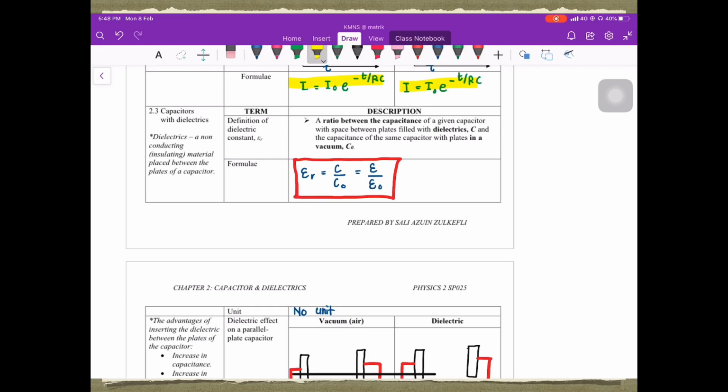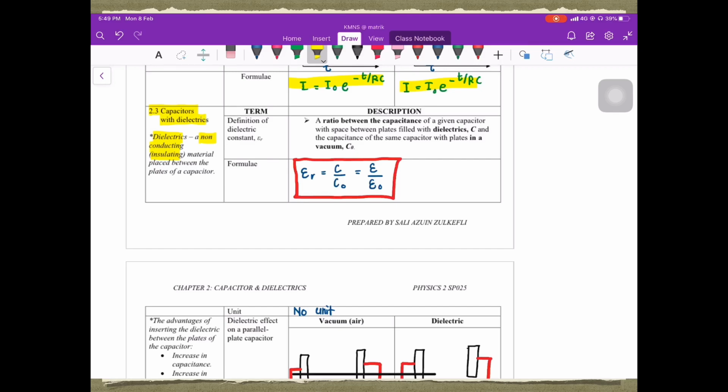SP025 capacitor with dielectric. Okay, actually, what is a dielectric? A non-conducting material, sometimes we call it an insulator, placed between the plates of a capacitor.